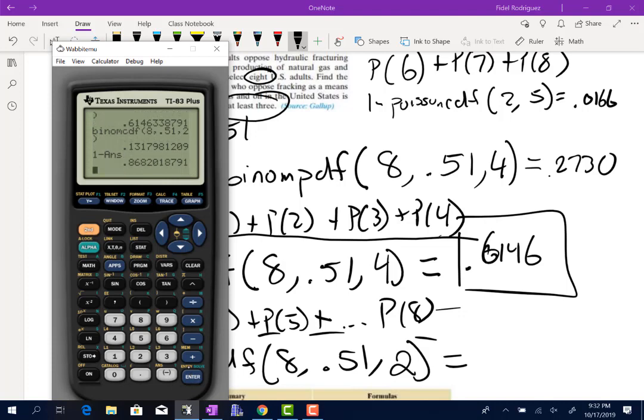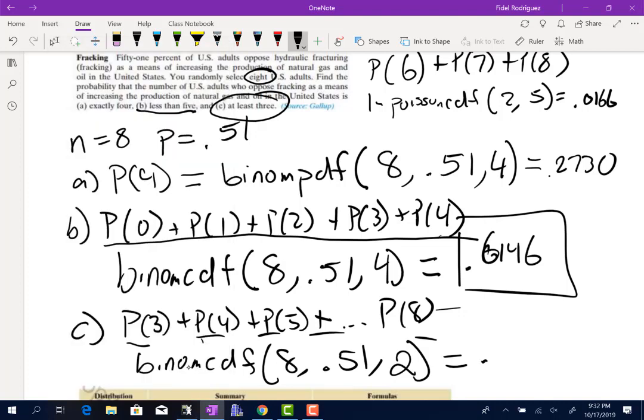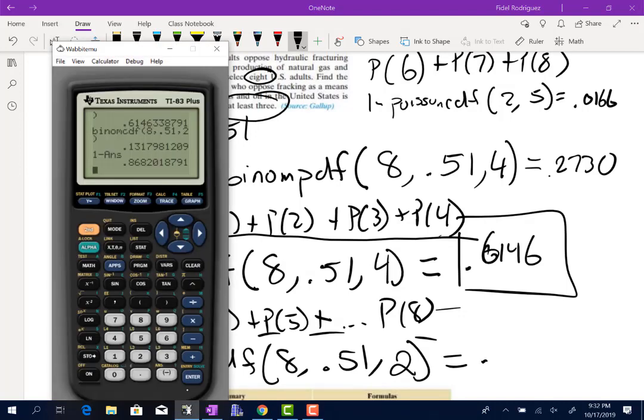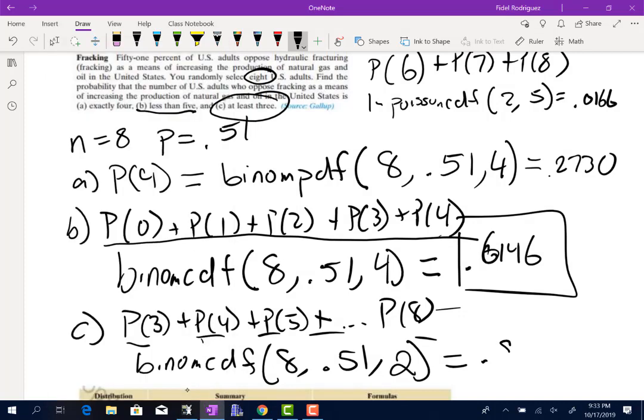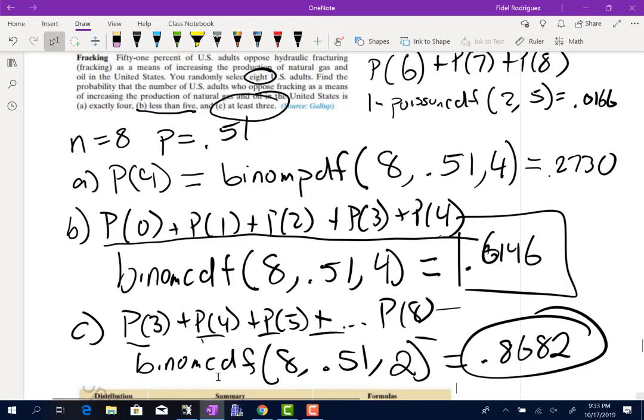There we go. And I'm coming up with 0.8682. There we go. All right. So that was 4-1, we finished 4-2, and we finished 4-3, guys.